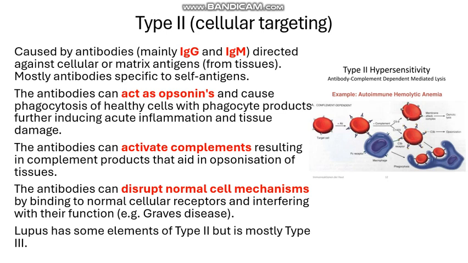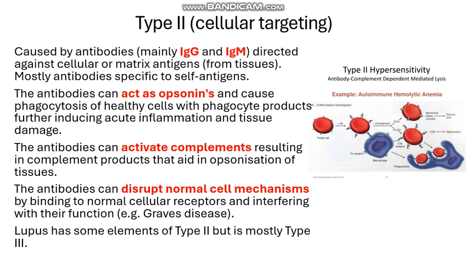Lupus has some elements of type 2 hypersensitivity reactions, but it's mostly a type 3 hypersensitivity response. So I think I'm going to go over type 3 and type 4 in a separate video because we're running out of time.